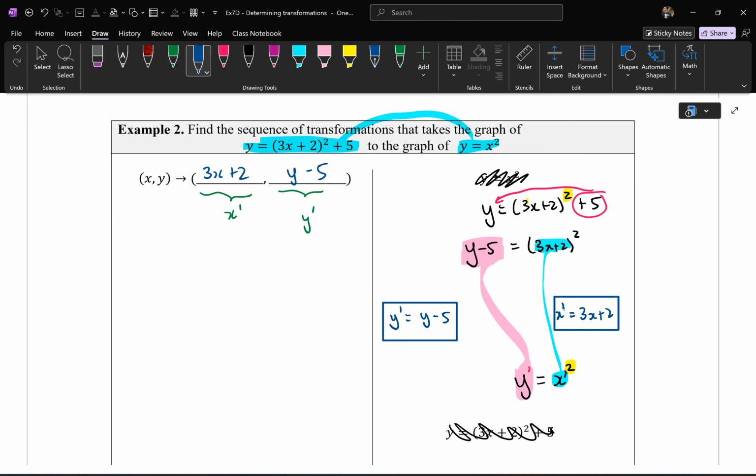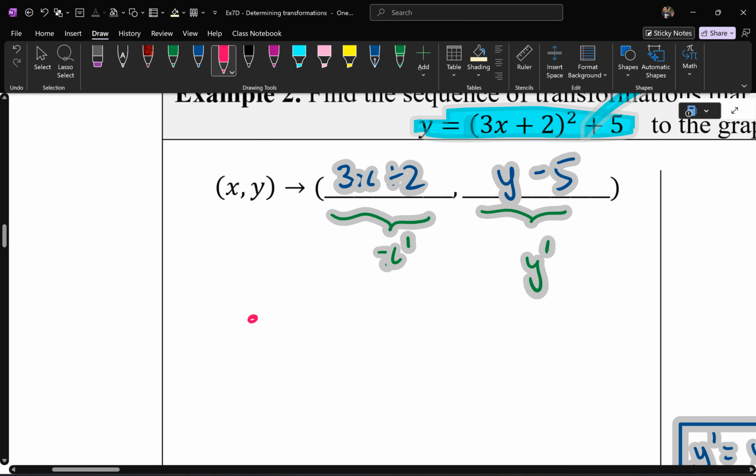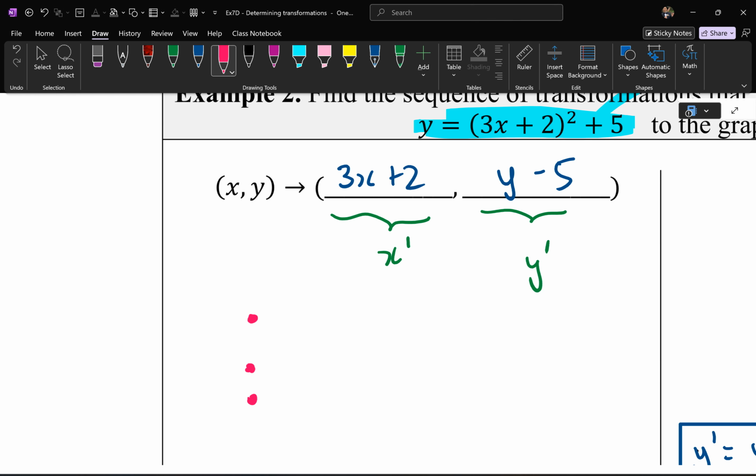Okay? So if you had to read it, let's read the transformation. What do we have? Let's go. What does the 3 do to the graph? What does this 3 represent again? Dilation. So you would say dilation of factor 3, good, from the y-axis because you're affecting the x-coordinates. There's no multiplication on the y, so that's all the dilations.